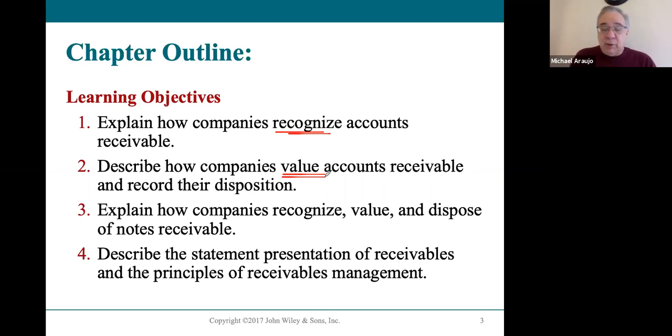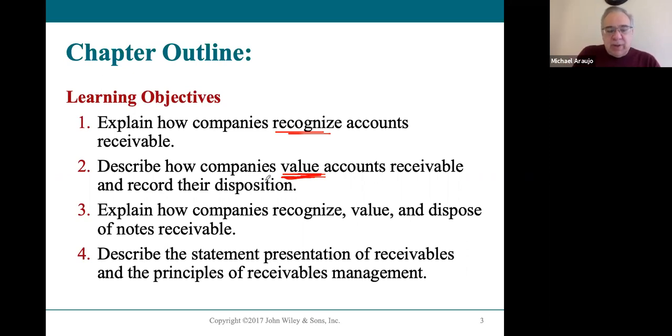Because just because someone owes you money and that's your receivable doesn't mean they're going to pay. Most businesses do pay, but there's a few that obviously during times like this, they go out of business, so they can't pay. So there's measures that we have to take to make sure that the value of our accounts receivable on the balance sheet is accurate.